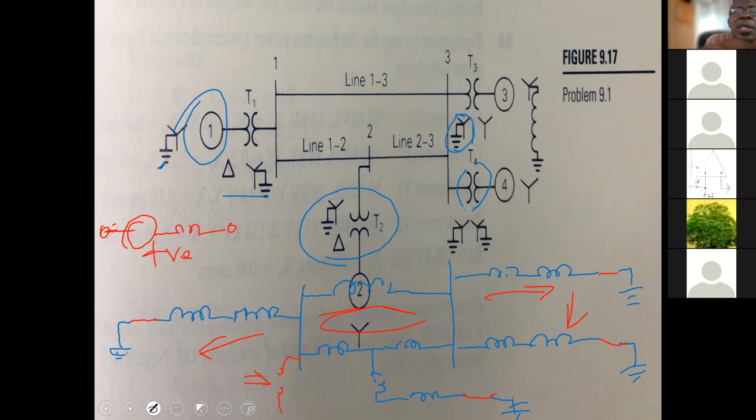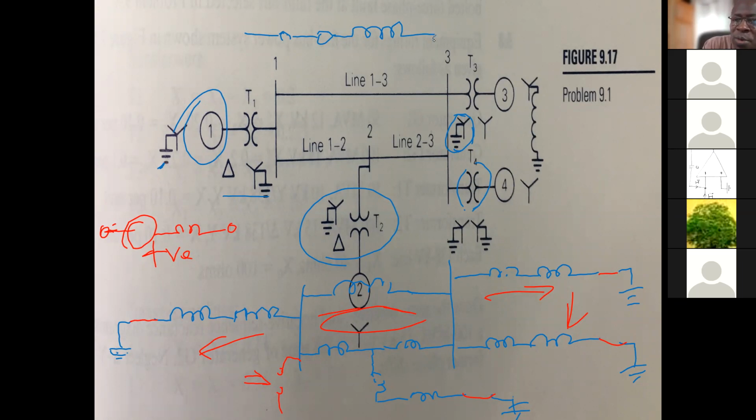So it means that you would close A. Remember that thing we told you about closing A and opening B? So that's A closed. So you close A and then you have the reactance. On the other winding, you have a star, ungrounded star, so it means that you're going to close B.